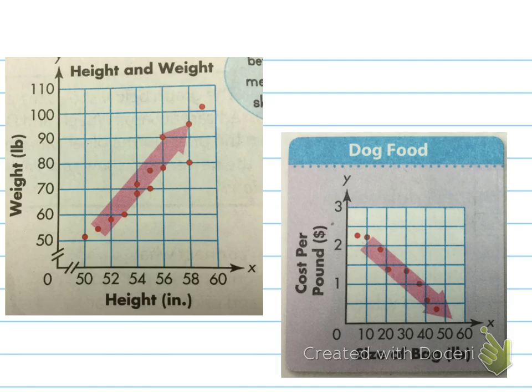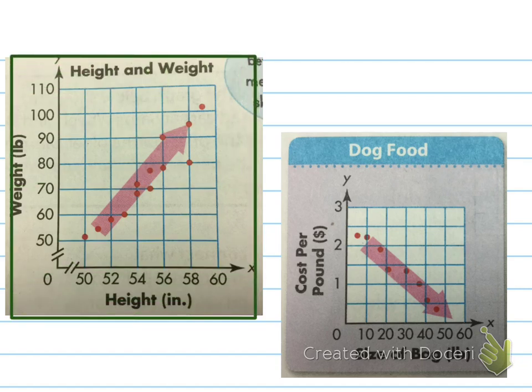Now, if you look at these two graphs, look at the first one here. We have the height and weight of students that we're comparing. So if you look at the height in inches and the weight in pounds, it seems as though as we get taller, we weigh more. And that makes sense, right? As you get taller, you're going to weigh more.